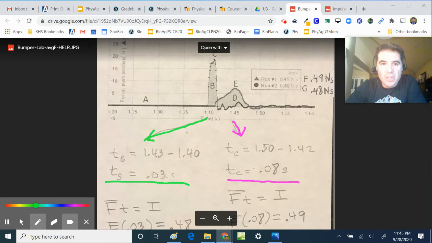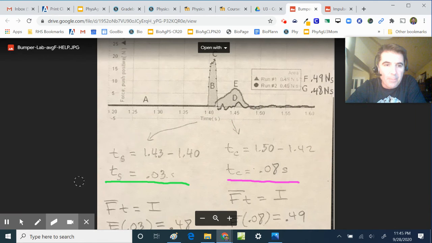And so this one is 1.43, which is basically, whenever we do these things, we always do TF minus TI or VF minus VI. So we look at the final, which would be something like that, minus the initial. So this is T final minus T initial, and technically it's a lowercase t. An uppercase T is something we'll study later.